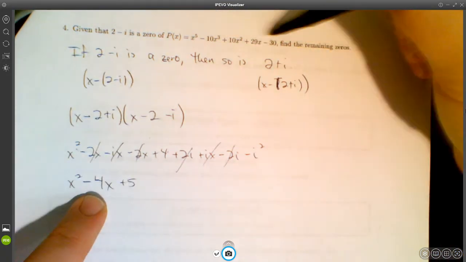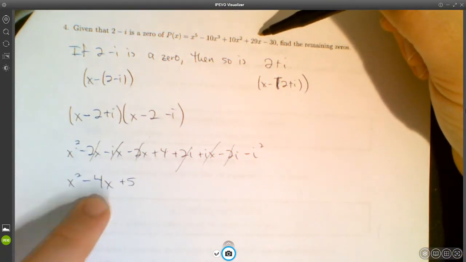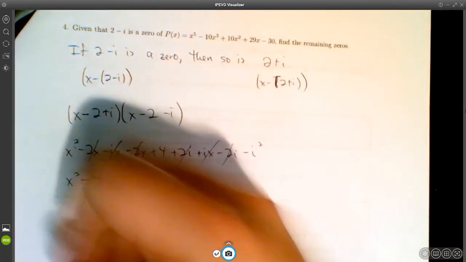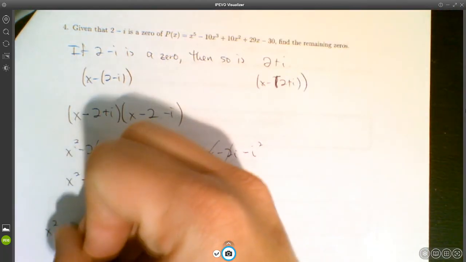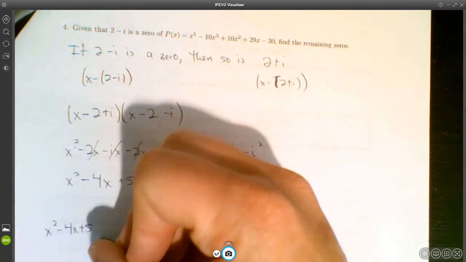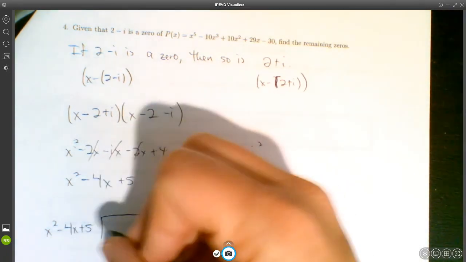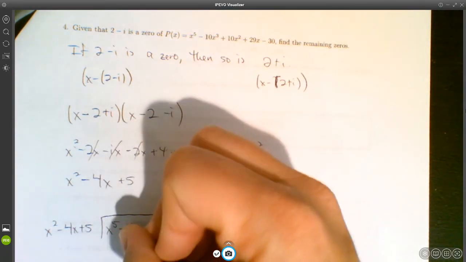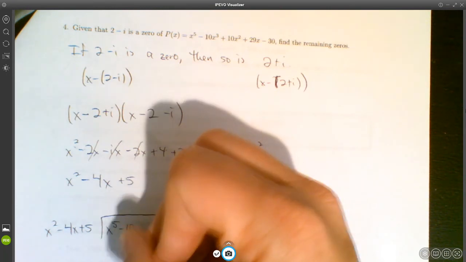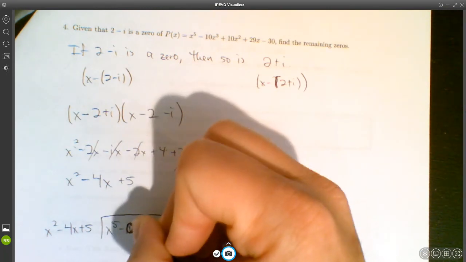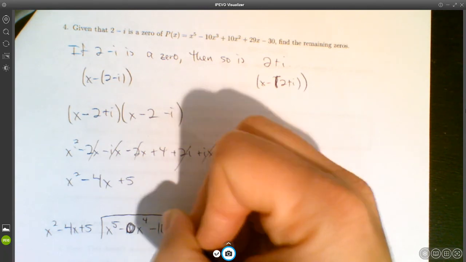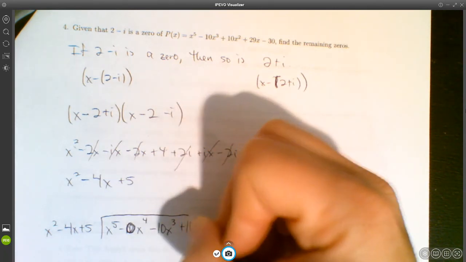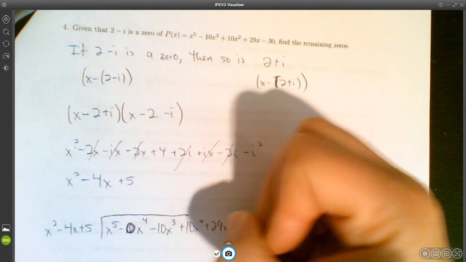So I can perform long division on p now with this polynomial to see what I have left over. So x squared minus 4x plus 5 into x to the 5th, I should say plus 0x to the 4th, minus 10x cubed plus 10x squared plus 29x minus 30.